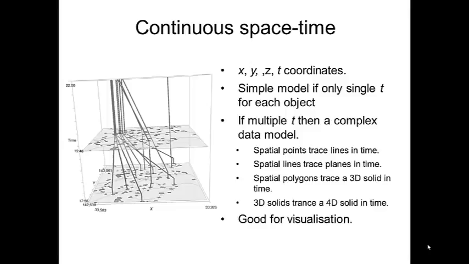These point objects, people, when we trace them through time, produce linear lines through time. Similarly, spatial lines trace planes in time. Polygons trace a 3D solid in space-time, and 3D solids, X, Y, Z solids, trace a 4-dimensional mesh object through space and time.